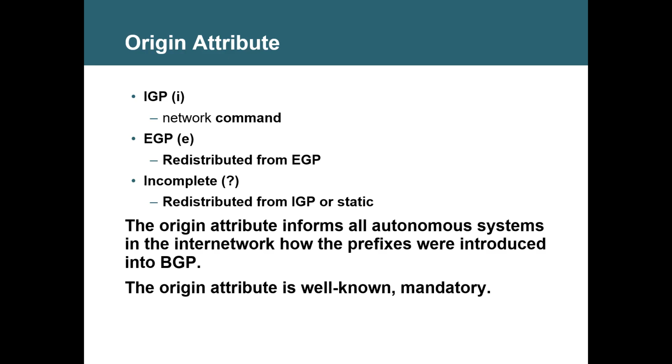We usually do it in two ways. One is we advertise using the network command. Any routing protocol you take, whether it is RIP or EIGRP, OSPF or BGP, we use the network command to advertise. We put the network command and say this is the network that you're supposed to process and advertise.